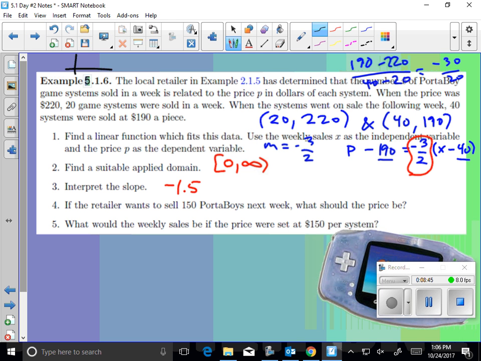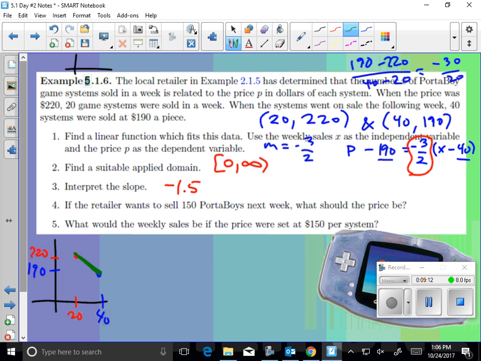Actually, I'll make it bigger down here. Okay, I went from 20 units sold at $220 to $190 per 40 units sold. So the slope of this, very poor color choices here, I have to say.